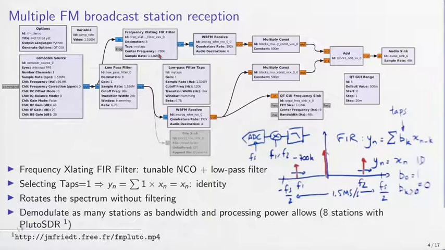We'll bring it centered on 0 hertz and run the wideband FM receiver on this new channel. Now we have multiple decoded outputs. We can either select to listen to one or the other channel. Here we have a weighted sum of both contributions that will feed the audio sound card.